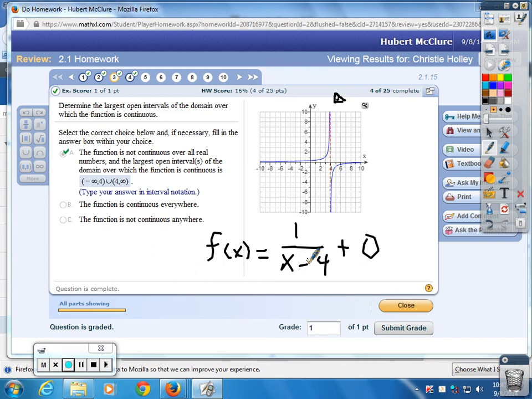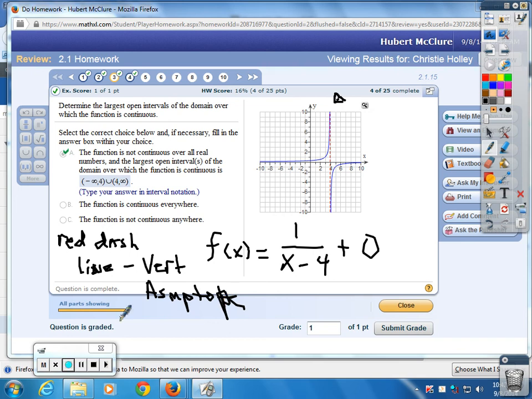But what is the vertical asymptote? The vertical asymptote, that's that red dashed line. The red dashed line is called the vertical asymptote. And the vertical asymptote represents the undefined number.